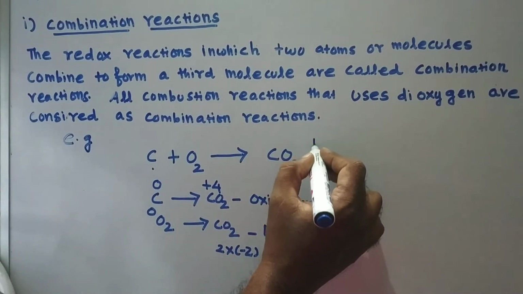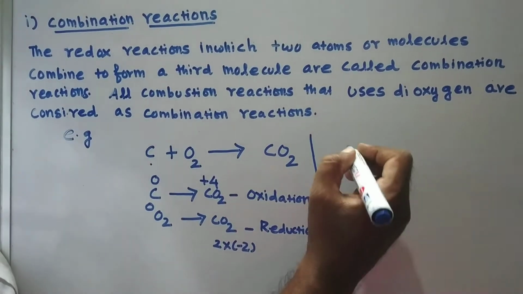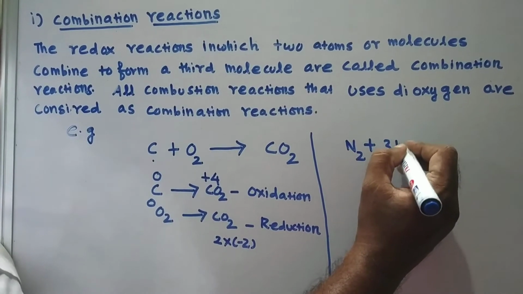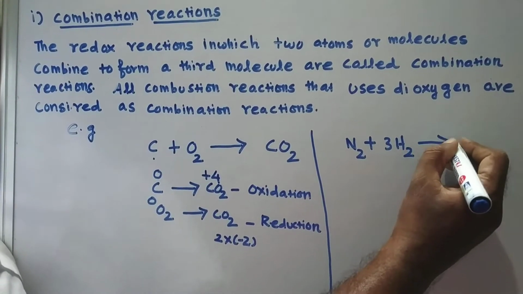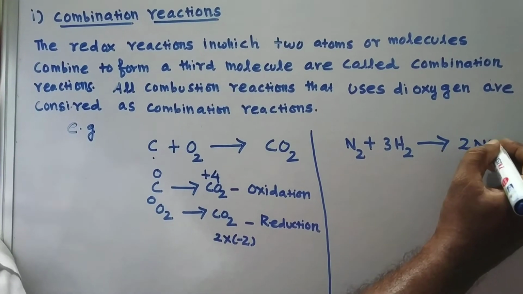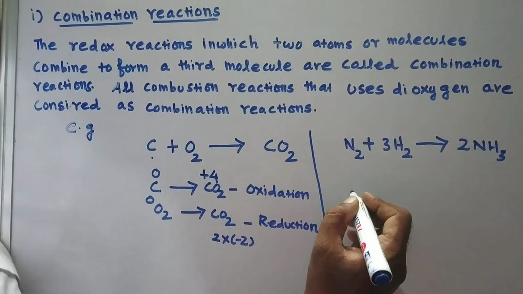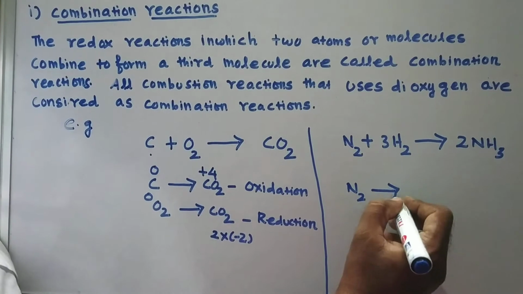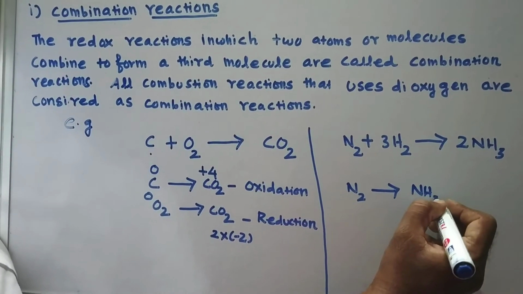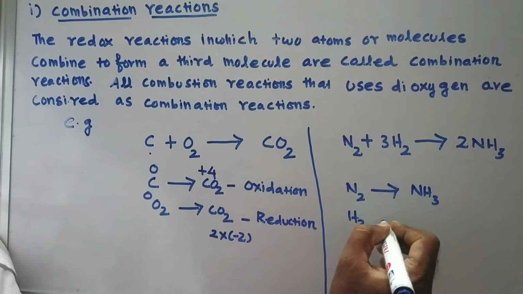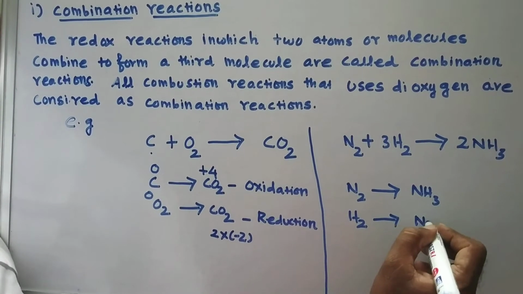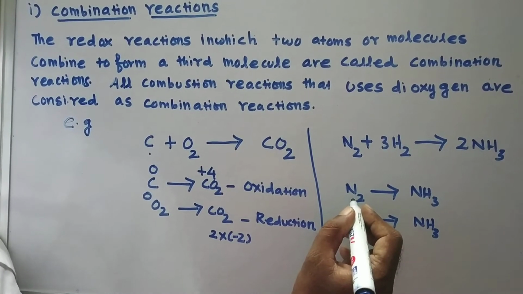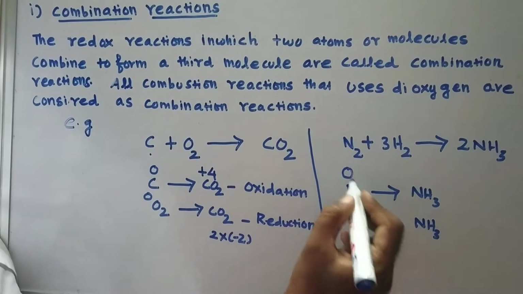Now, let us see another example. Nitrogen reacts with 3 hydrogen to form 2 molecules of ammonia. Now let us consider nitrogen that becomes NH3 and also hydrogen that becomes NH3. It's well known that nitrogen is present in the molecular state, therefore its oxidation state is equal to 0.